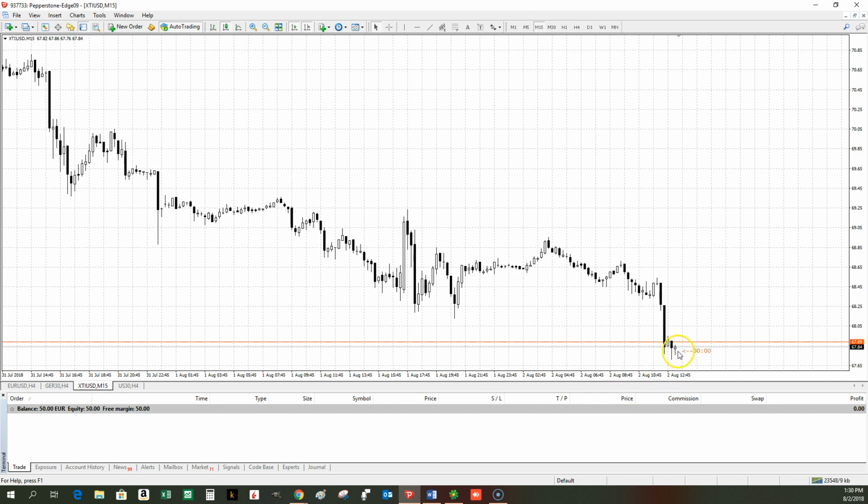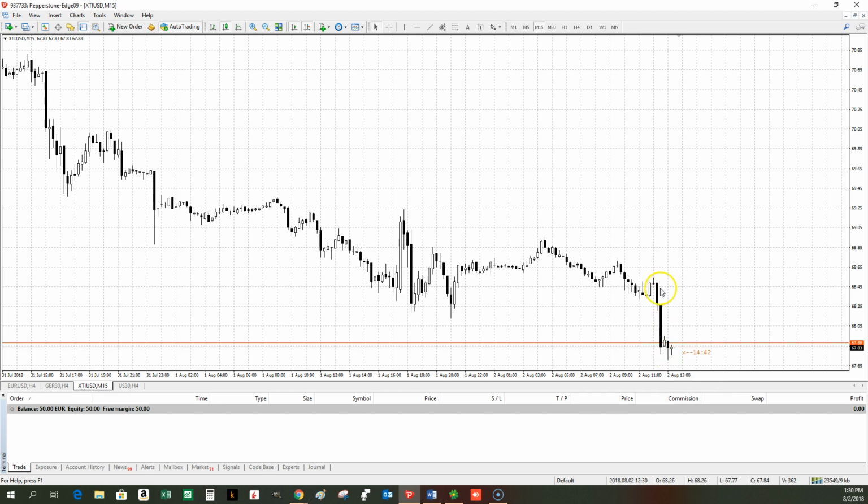Now we see that on 15 minutes, the oil went down very, very fast already. So we have like a 1 hour drop, and now it's retracing up. It's retracing up, and probably it's going to go up to 68.25 in order to go back and retrace down to the lower levels.